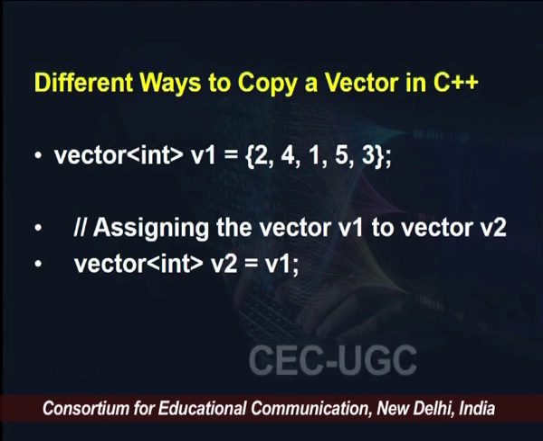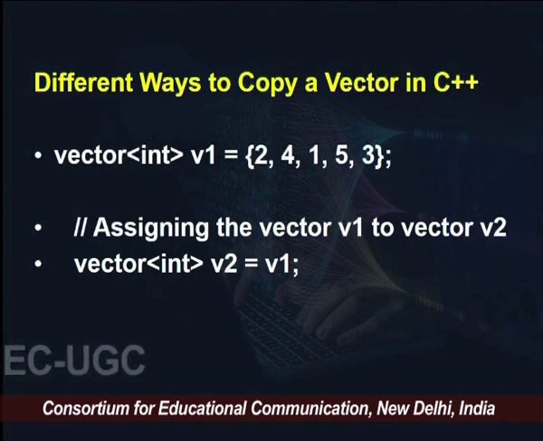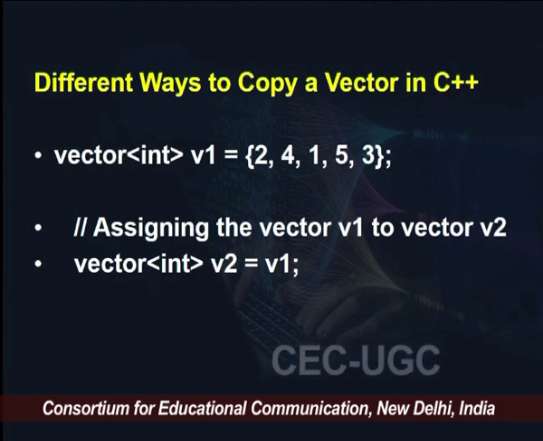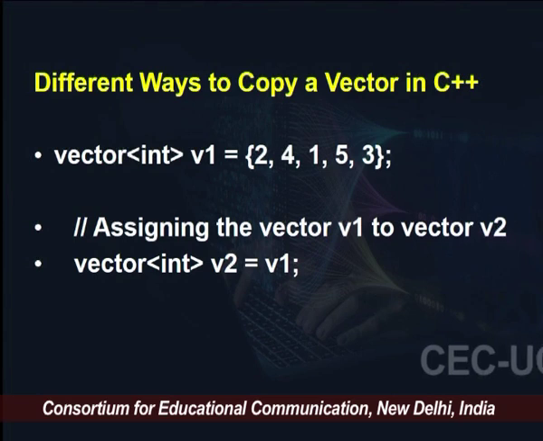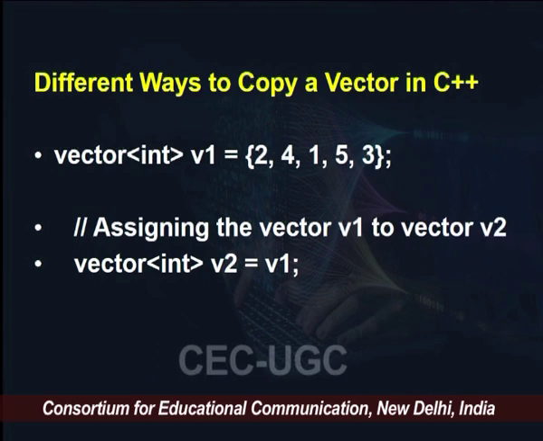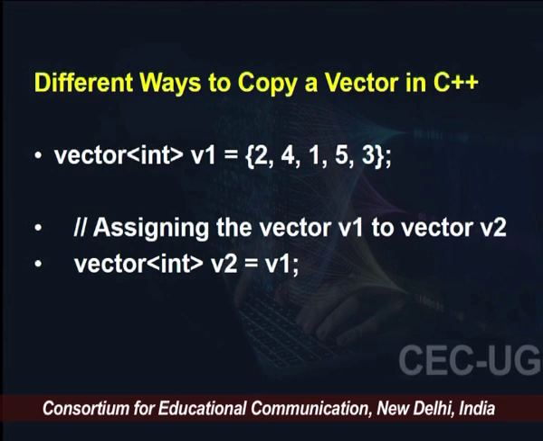So, here is a vector v1 which has elements 2, 4, 1, 5, 3, and if we want to assign the elements of vector v1 into the vector v2, we need to declare this vector v2, which is done by vector<int> v2, and then in the same line or in the next line we can write v2 = v1.